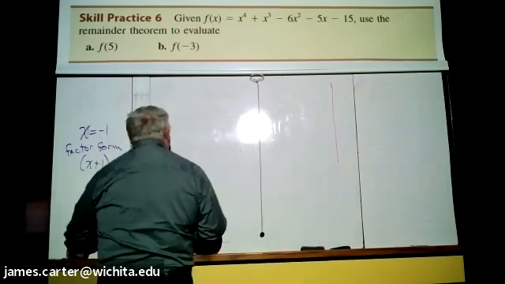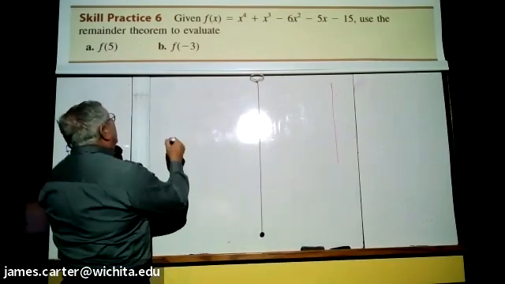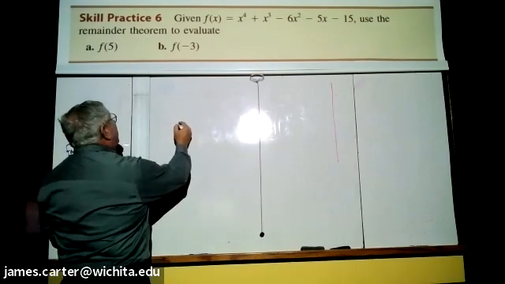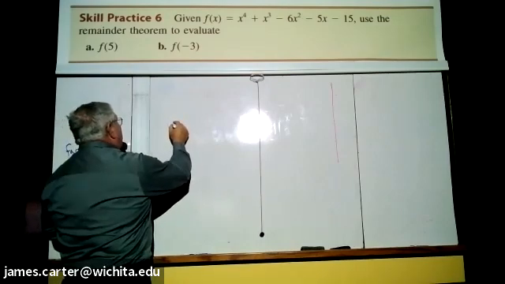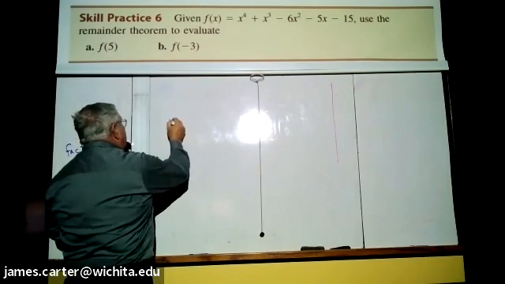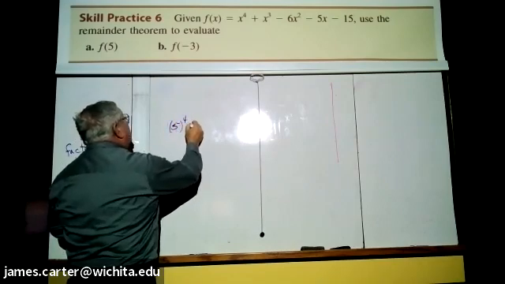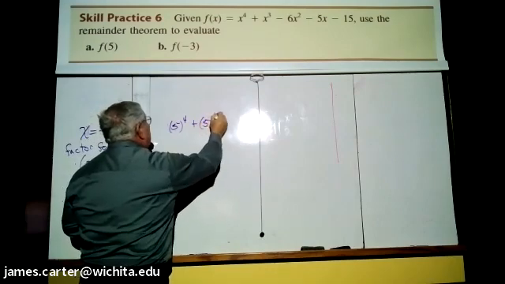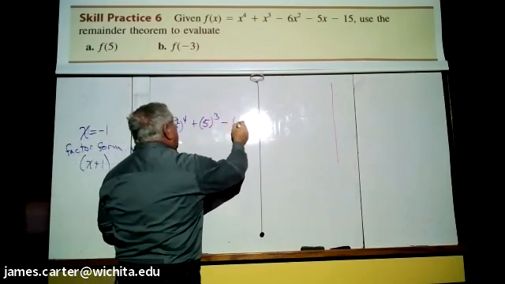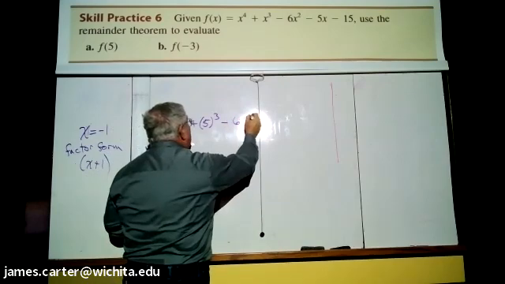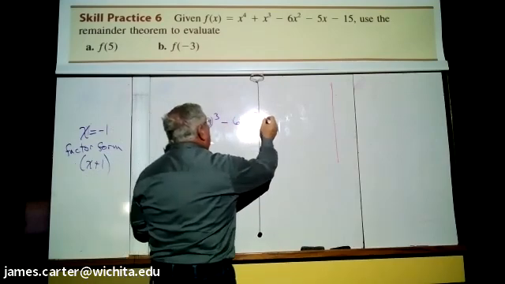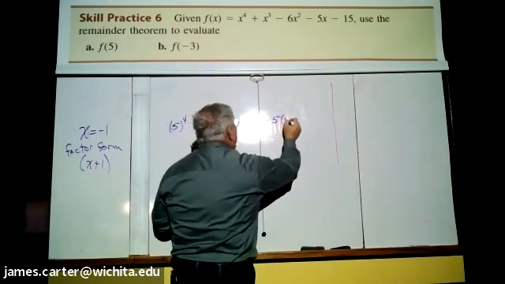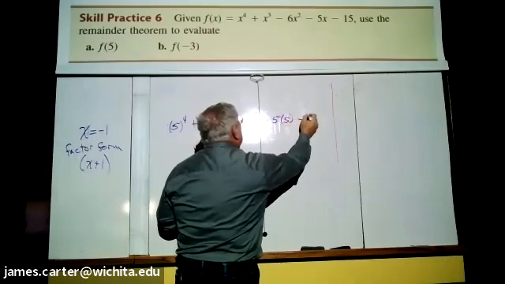So in the first case, if we find f of 5, then 5 to the 4th plus 5 to the 3rd minus 6 times 5 to the 2nd minus 5 times 5 minus 15.